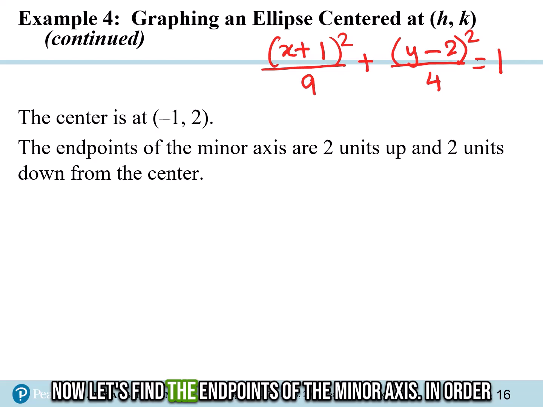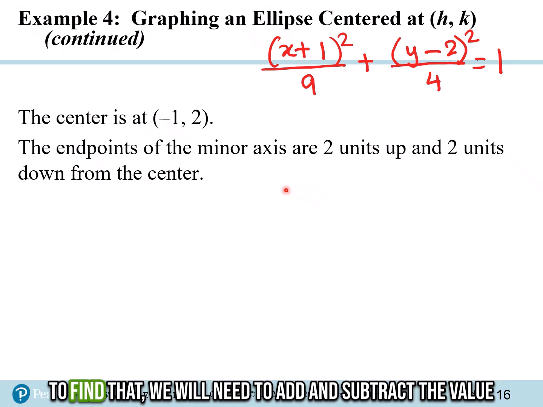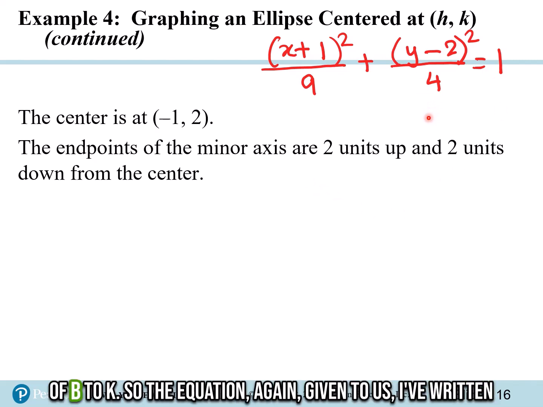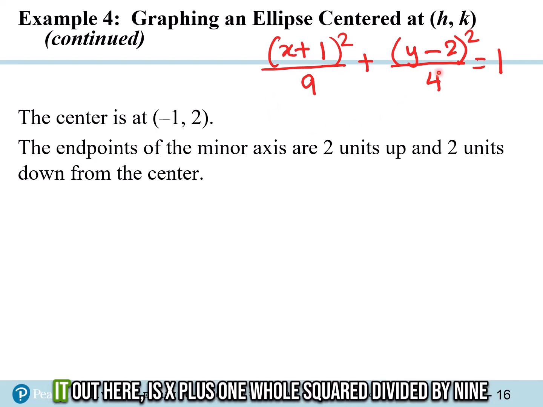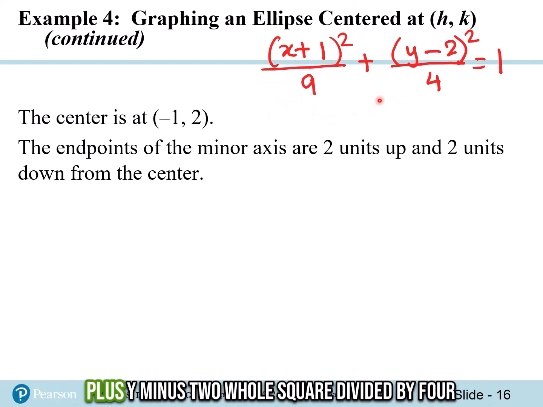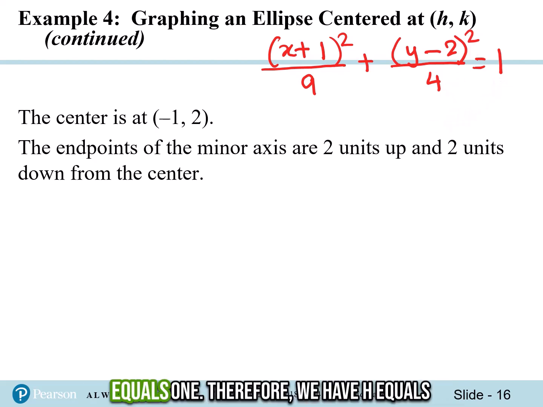Now let's find the endpoints of the minor axis. In order to find that, we will need to add and subtract the value of b to k. So the equation again given to us, I've written it out here, is (x + 1)² / 9 + (y - 2)² / 4 = 1.